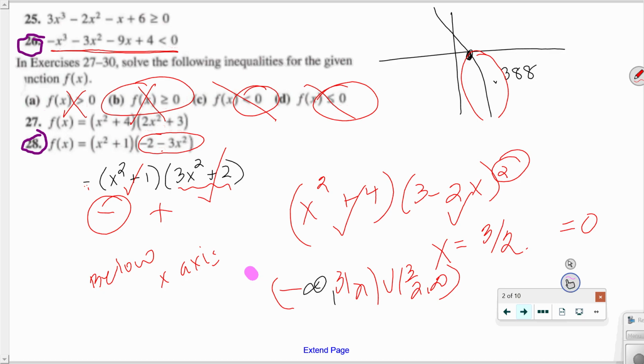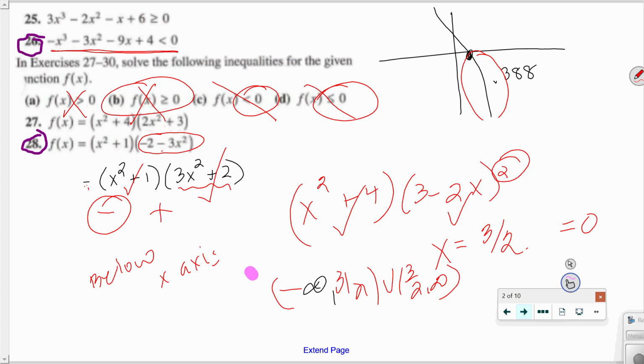Let's see if there's answers. Again, it could be a typo in the back of the book, right? Or the answer key. Which one is this one? This one is 30. Yeah, they don't have the answers back there. I think it's 3 halves. I don't think it's 4.